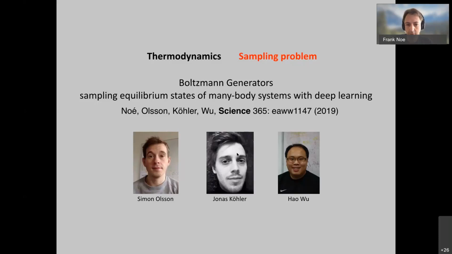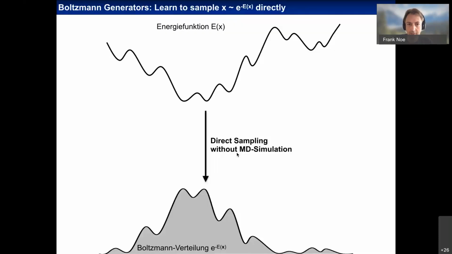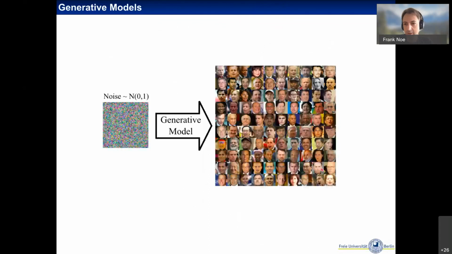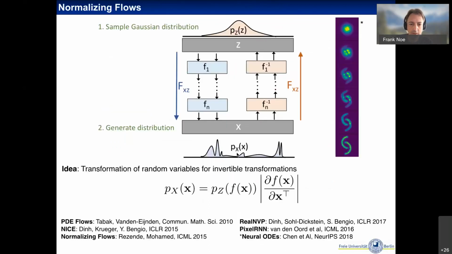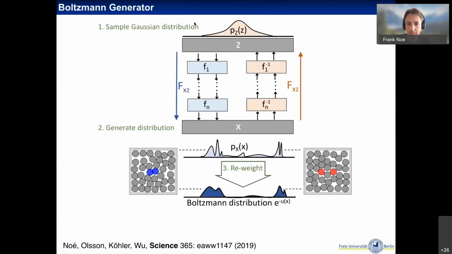And we're also working on deep learning methods, such as generative neural networks, to try sampling the Boltzmann distribution directly without going to single steps of molecular dynamics simulation. And we have some initial results on that, and you can read it up here in the Science paper 2 years ago, Boltzmann generators.